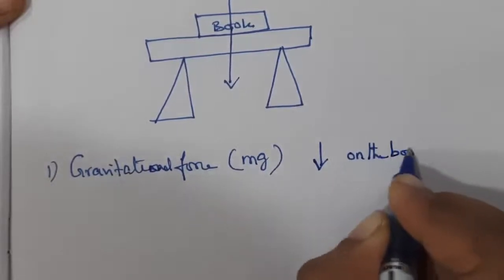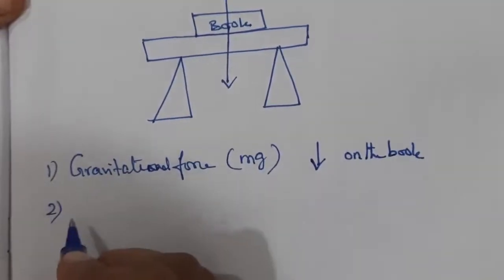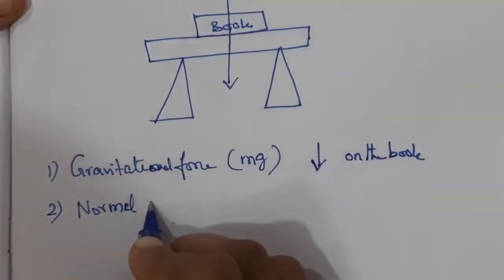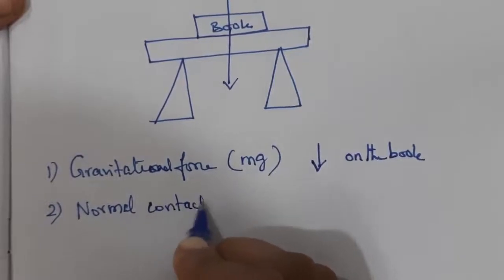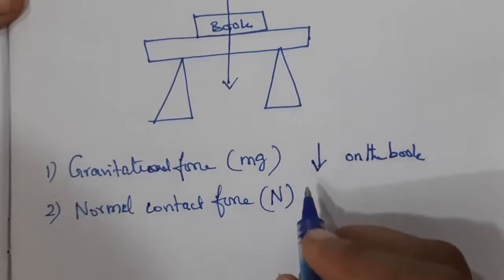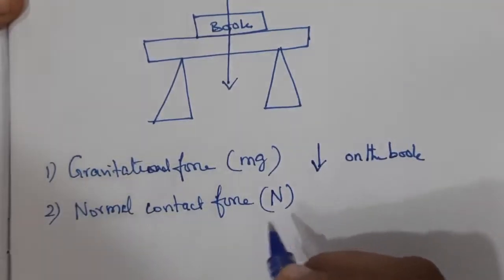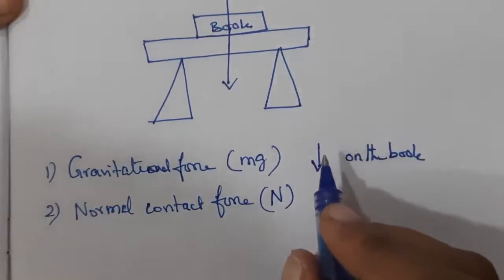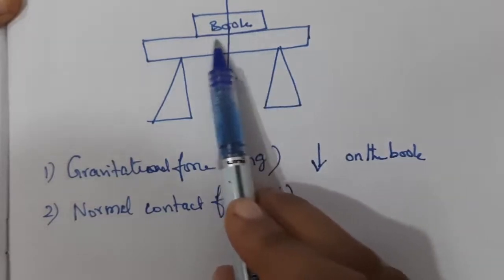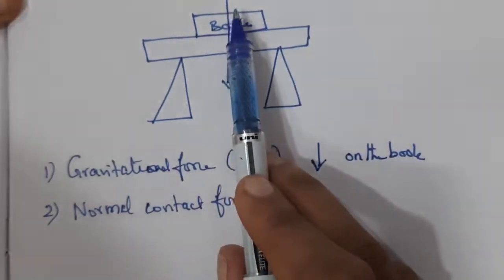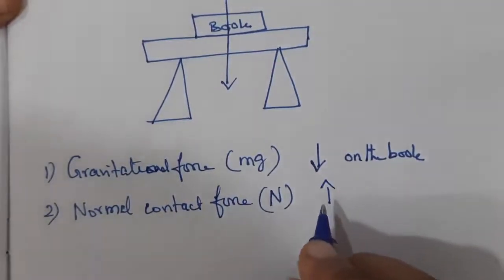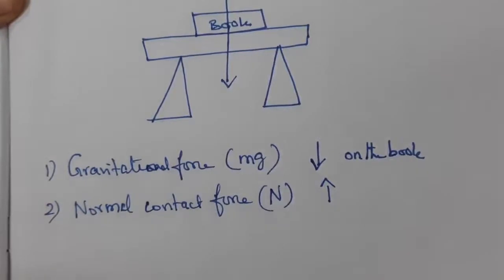The second force is the normal contact force, which we can denote as N, which is exerted by the surface of the table on the book. It acts upwards. This is the answer to the first question.